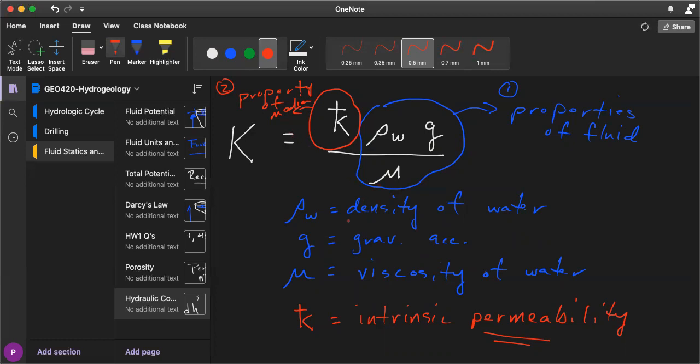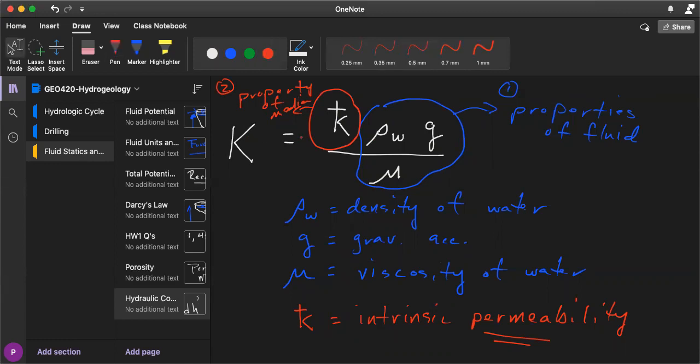All right, so intrinsic permeability and then properties of the fluid. So this is breaking hydraulic conductivity up into different portions, all right? Now, the reason why we want to do this is if we were interested, for example, in the flow of oil and gas through the rock, then it's this little k, and then we would replace these guys here with properties of oil or gas, all right?